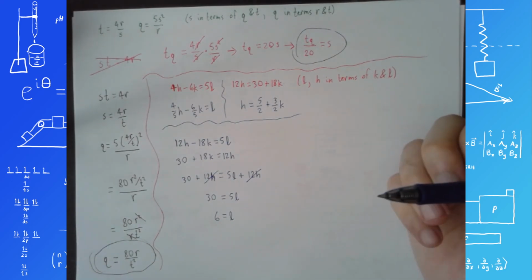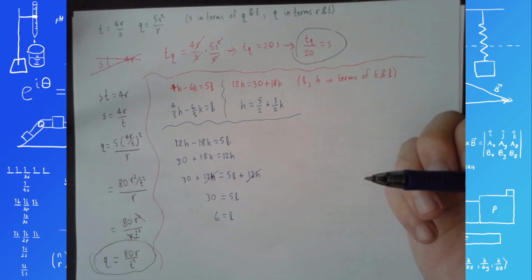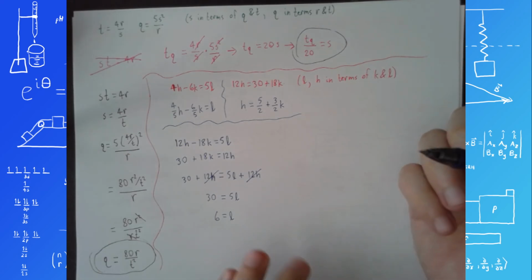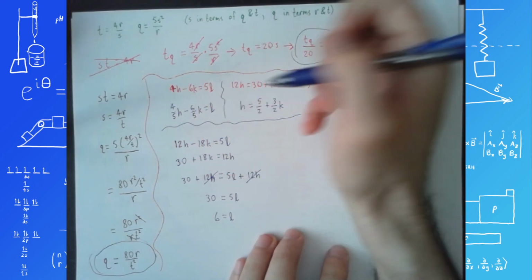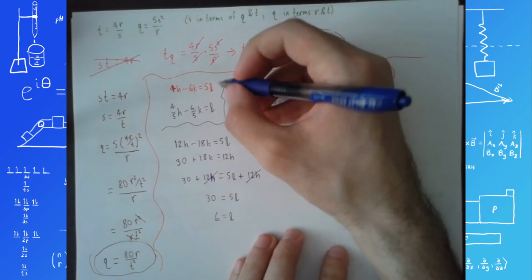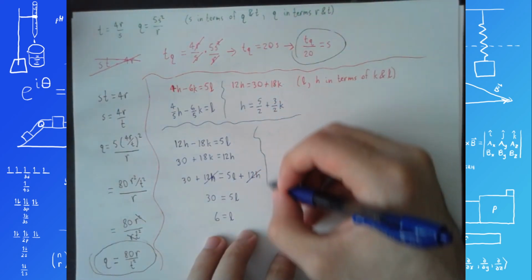And yeah, if you have L equal to 6, then another thing you could do is take this first equation to solve for h in terms of k and L, an alternate solution.